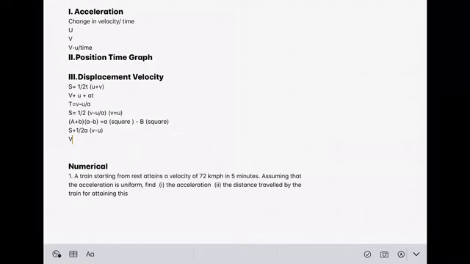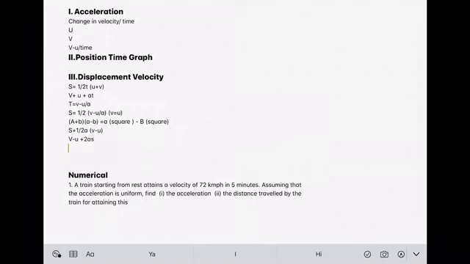So v square minus u square will then equal to 2aS, which will also give v square equals to u square plus 2aS. Thus ending the three different equations of motion.